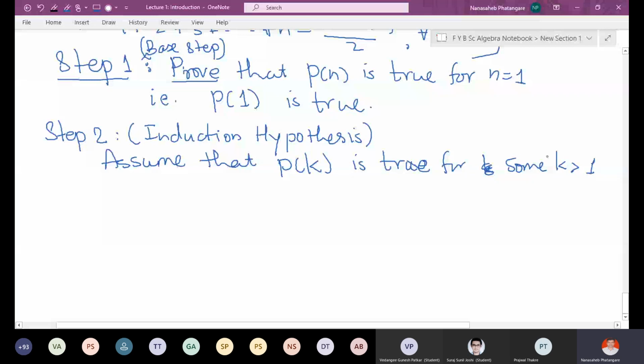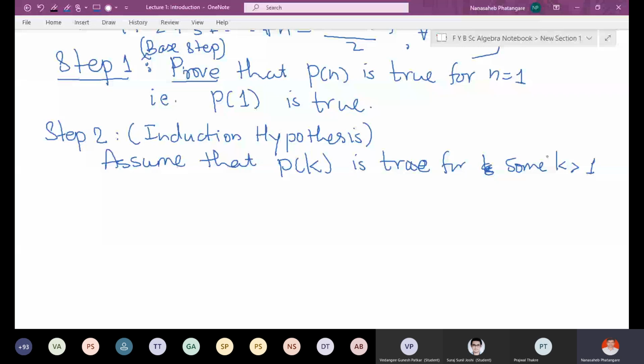What is the meaning of hypothesis? When we talk about theorems and their proofs, we use words like hypothesis. Hypothesis means assumption. Suppose we have some data or initial knowledge, and from that knowledge we are going to prove some claim. That is a conclusion.